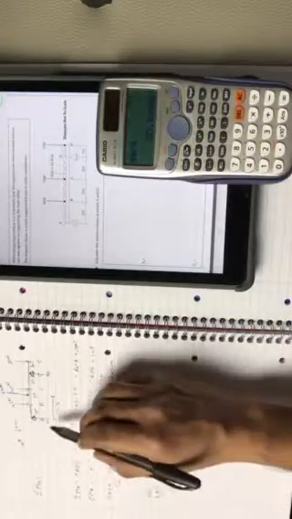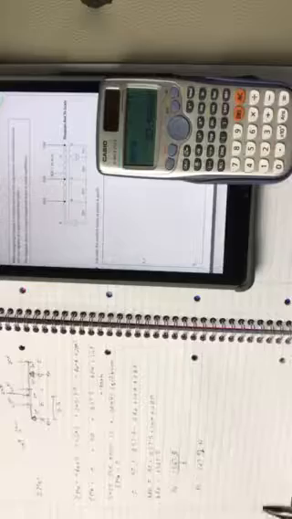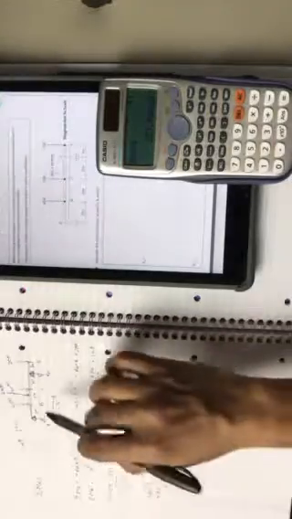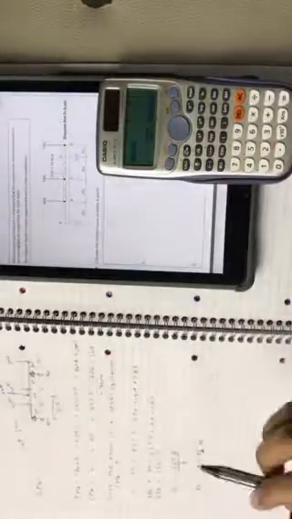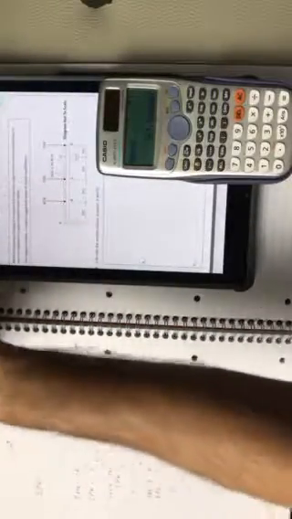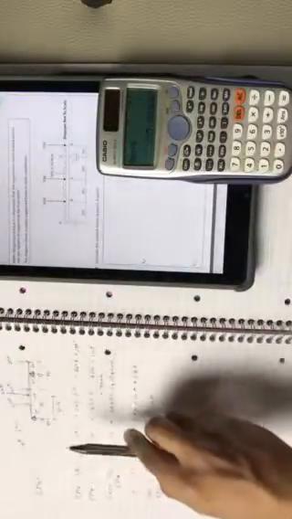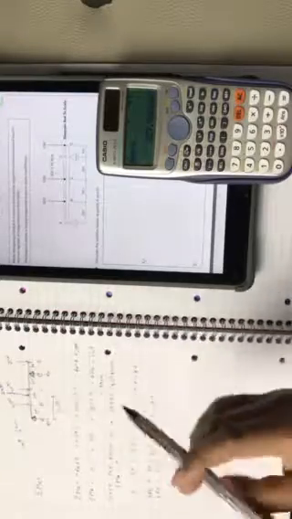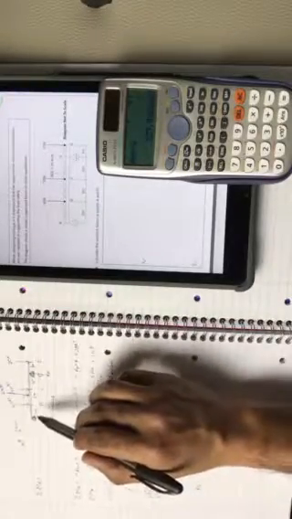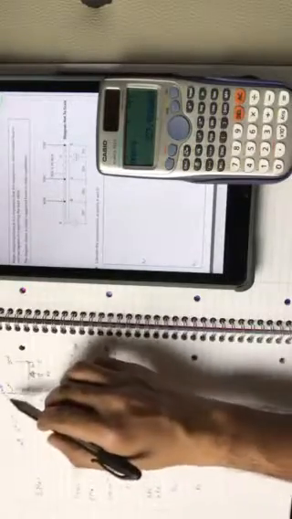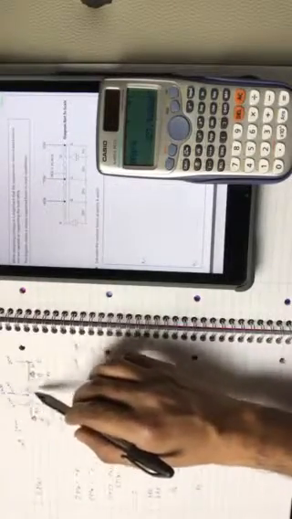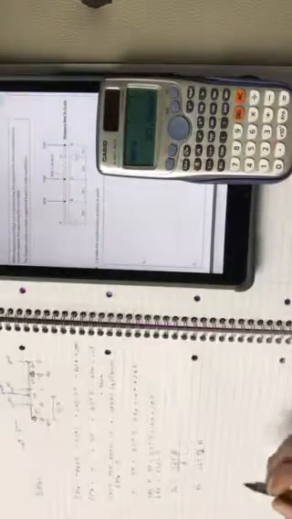Now we can find the value of RA. And how do you do that? Because this entire system of forces is in equilibrium, all the forces acting downwards will be equal to all the forces acting upwards. Now the forces acting downwards are 45, 245, 70 and 20.